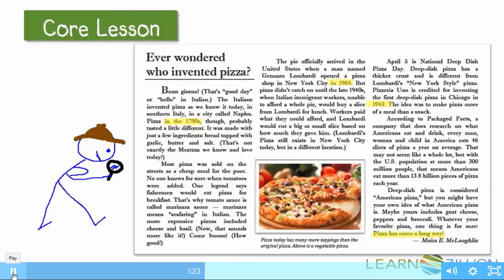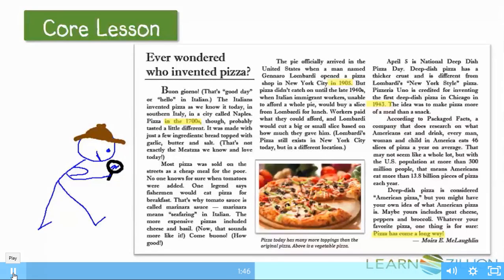And then I see that in the end it seems like we're talking about American pizza today, and it says pizza has come a long way. So this is making me think that this author probably used a time order structure because the events are happening in the order of time. It's going from things a long time ago to the way things are today.